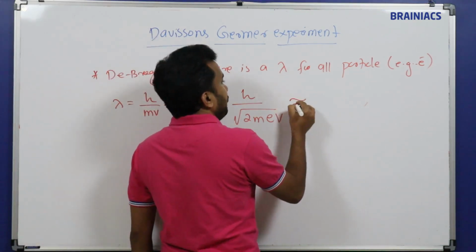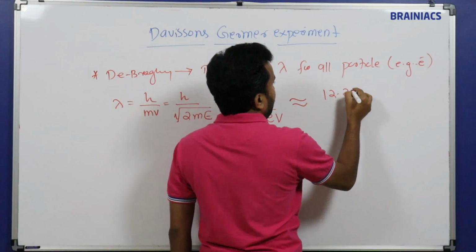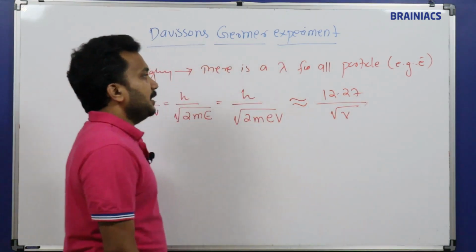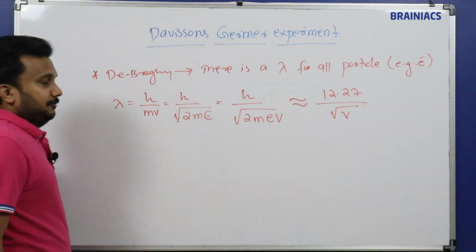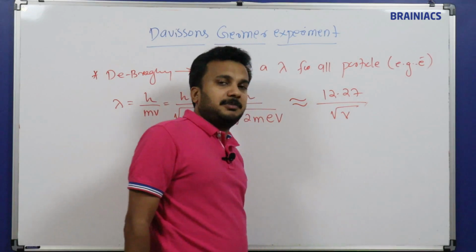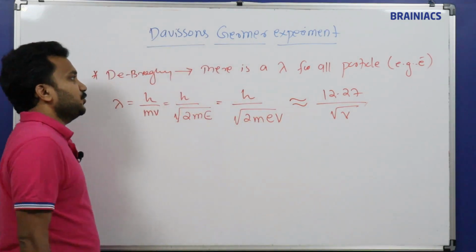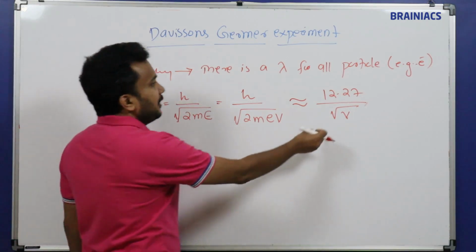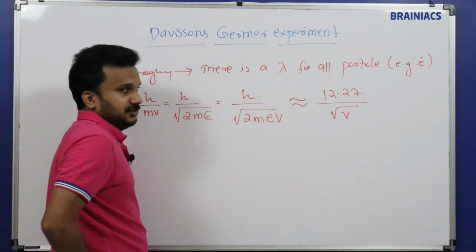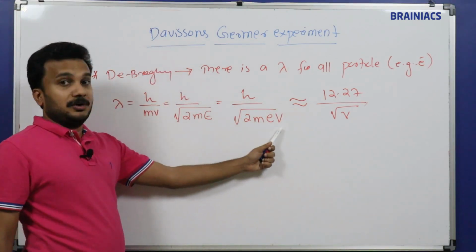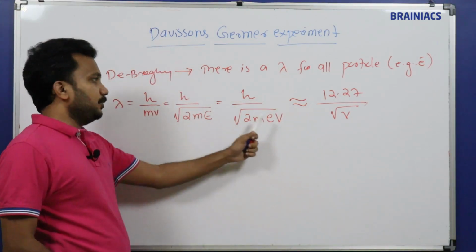And we finally arrived at an approximate formula. I hope you remember: 12.27 divided by root V, approximately root 150 divided by root V. So lambda is 12.27 divided by root V. In the previous lectures we have seen this formula. So if you are giving a voltage, this V is a voltage, and the earlier v is velocity. Do not confuse between these two.